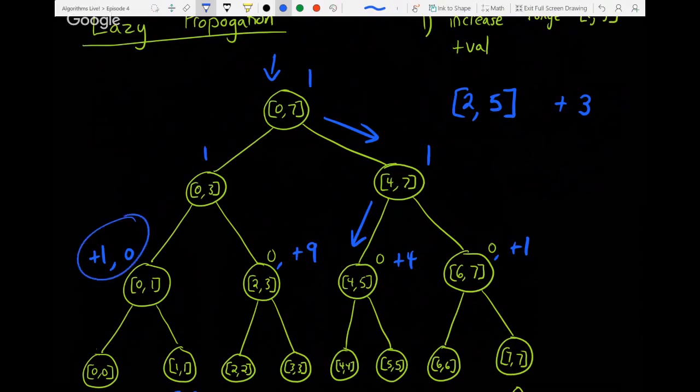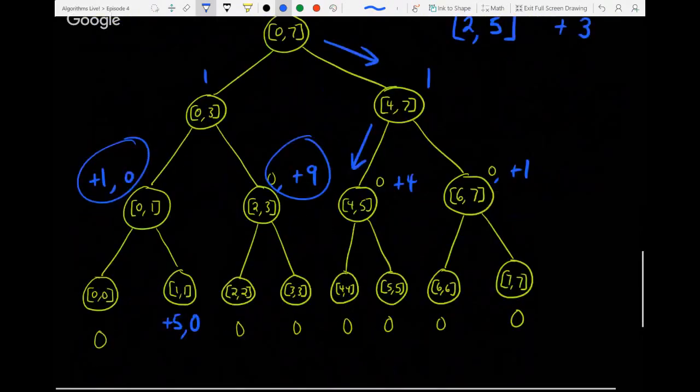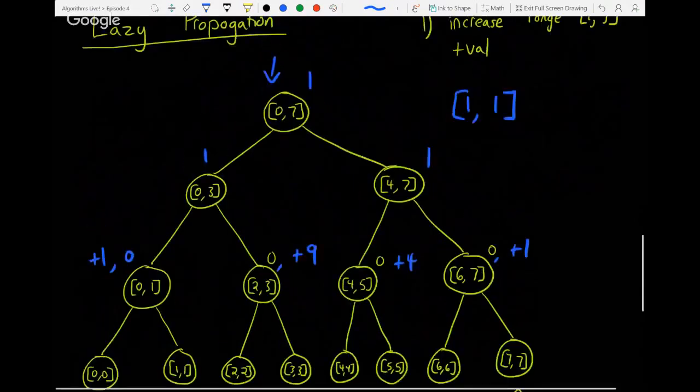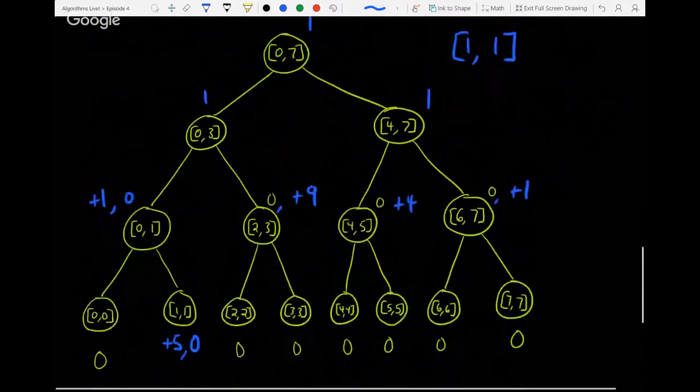But now I've got all these lazy augmenting deltas that are up and down my tree at a given time. So I can also do min queries like this. So let's say I want to know the min value for 1, 1. You can intersperse updates and min queries all together. So I'll go down my left subchild.